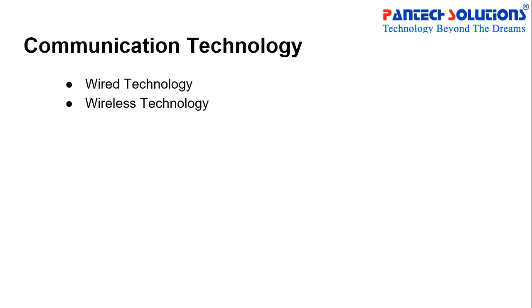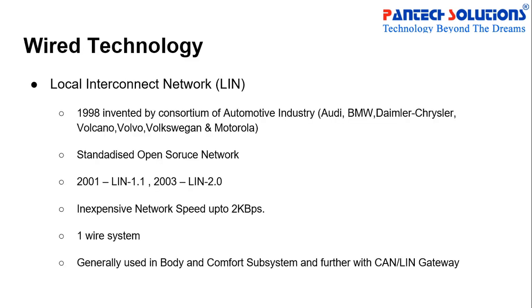In the communication types, there are wired technology as well as wireless technology. In the wired technology, if you take automotive protocols, the first one is the Local Interconnect Network. This was invented in 1998 by a consortium of the automotive industry. In Europe, all the automotive industry formed a consortium to identify this network.